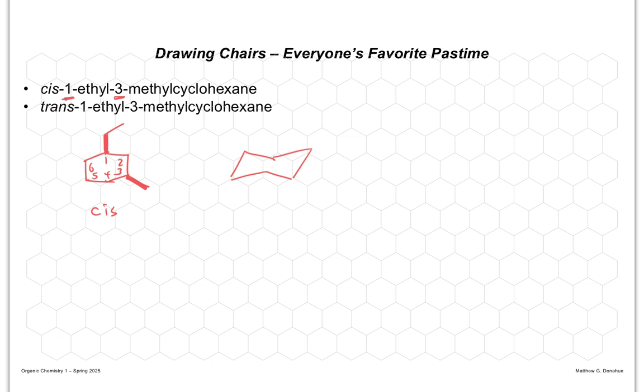So I'll start with 1 over here. Just to show some flexibility in how we think about this. So in the flat form, it's showing that the ethyl group is up. So on this carbon here, is the ethyl group going to be axial or equatorial?